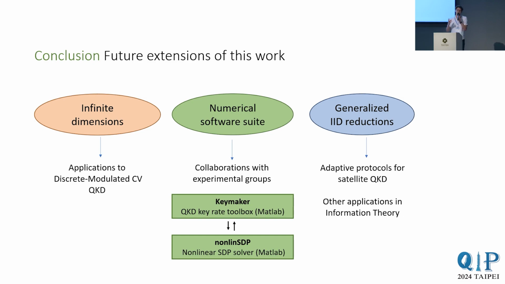But actually, this is something that is very reasonable to lift, and has been done previously, because if you have some bound on the energy, you know that the probability of having more than n photons is going to be low. So this part seems reasonable. And once you have done this, we could apply this security proof to discrete modulated CVQKD, where indeed, for the moment, there are no efficient security proofs against coherent attacks. Okay, thank you. Thank you.